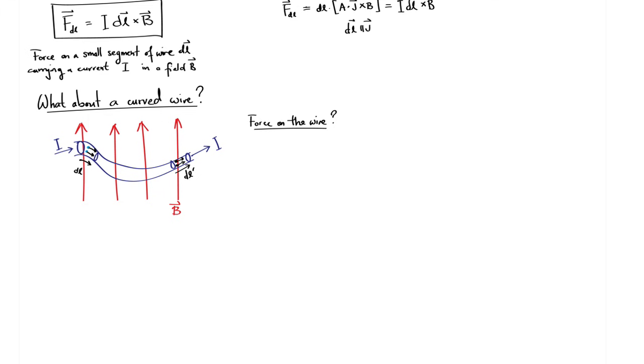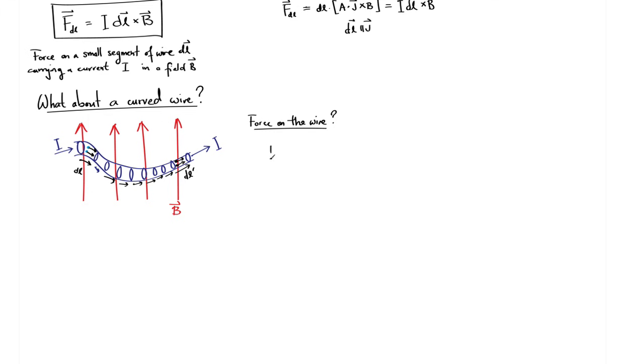In that case, we're going to chop up this wire into lots of little segments, and we can treat each one of these segments as being locally straight. I'm drawing what dl would be for each one of these little segments.